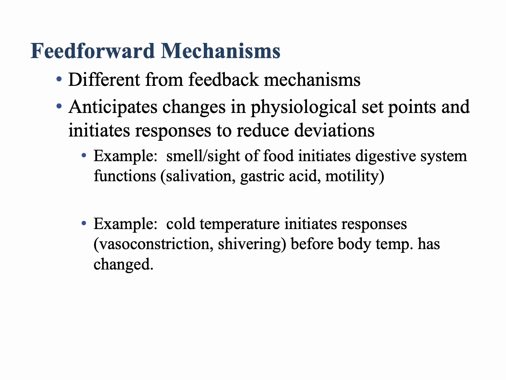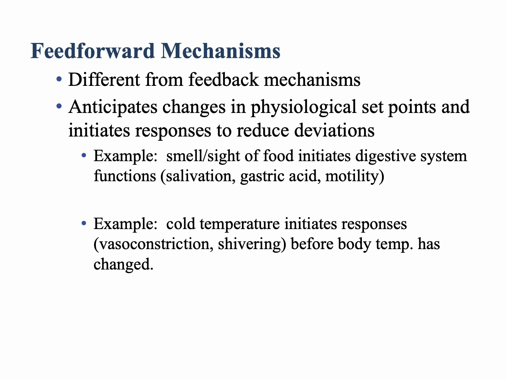Okay, another mechanism to talk about here is feed-forward loops. Now, feed-forward loops are a bit different from feedback loops. These mechanisms anticipate changes in regulated variables and set into motion mechanisms that will preemptively attempt to reduce deviations from normal. Okay, and they always involve the central nervous system.